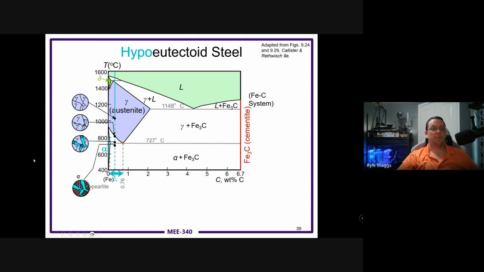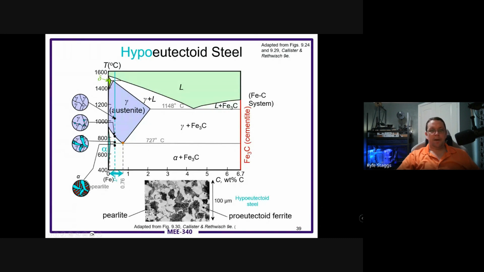And that's why the hypoeutectoid is so important. So this is what that grain structure might look like. Depending on the specific weight percent of carbon, you can have more perlite or less. But the formation of perlite is really important for a hypoeutectoid steel so that it can be hardened and used in end applications.